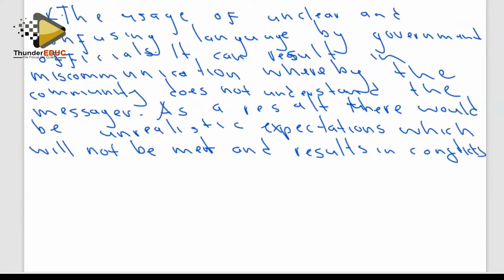So what we are saying is that government officials may use language which the local communities are not familiar with. So they can use unclear, confusing language. Most politicians have a tendency of doing that. So this might result in miscommunication, and the community would end up having unrealistic expectations. And when those expectations are not met, it may result in open conflict as well.